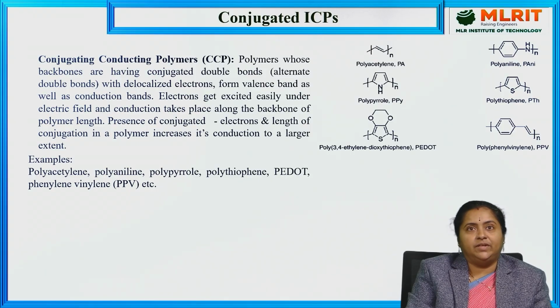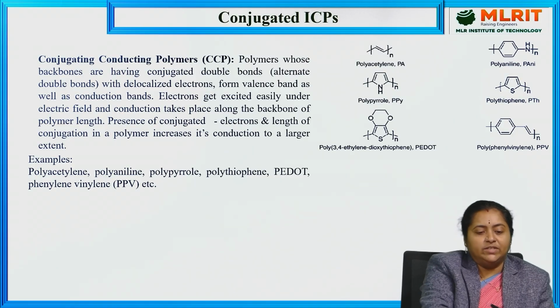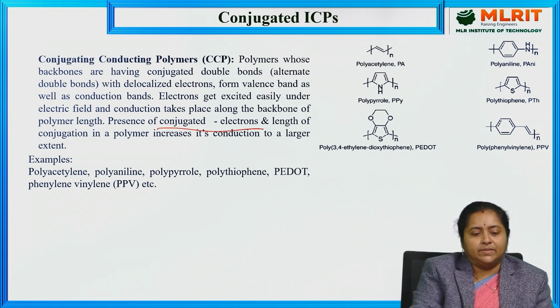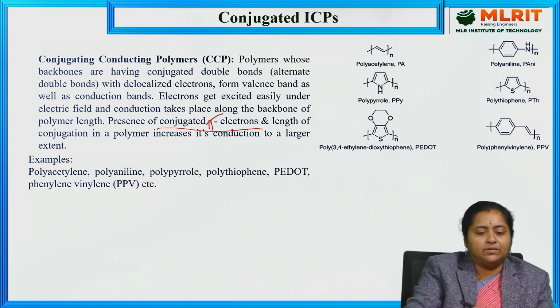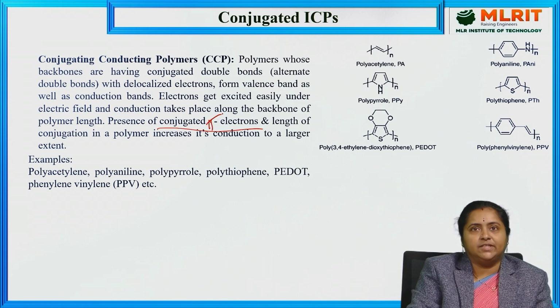As the delocalized electrons are available in the polymer backbone, these electrons are easily excited under an electric field, and as a result conduction takes place along the polymer backbone. So with the presence of these conjugated pi electrons, the length of conjugation in a polymer gets increased.